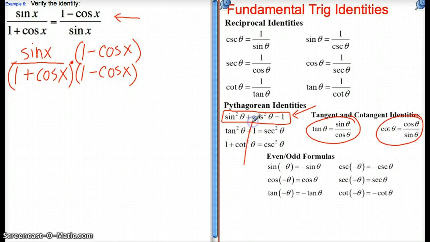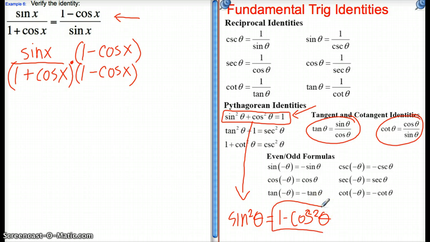The reason why is if I convert this identity and I subtract cosine squared from both sides, I get sine squared of theta equal to 1 minus cosine squared of theta. If I get cosine squared of theta, I can replace it with sine squared of theta. And that would introduce the sine value in the denominator of my expression.